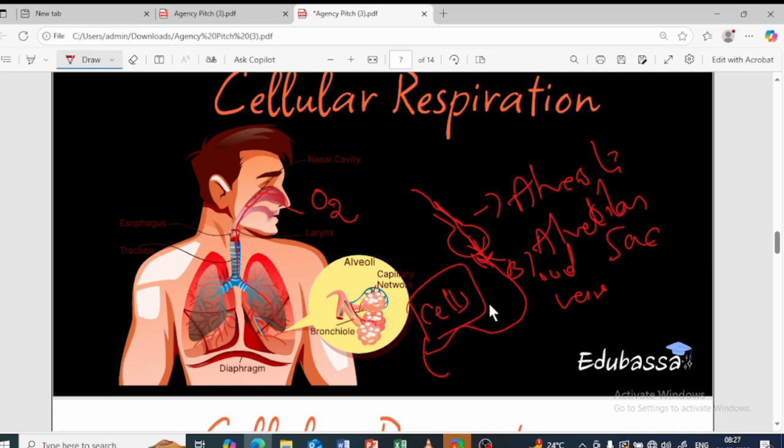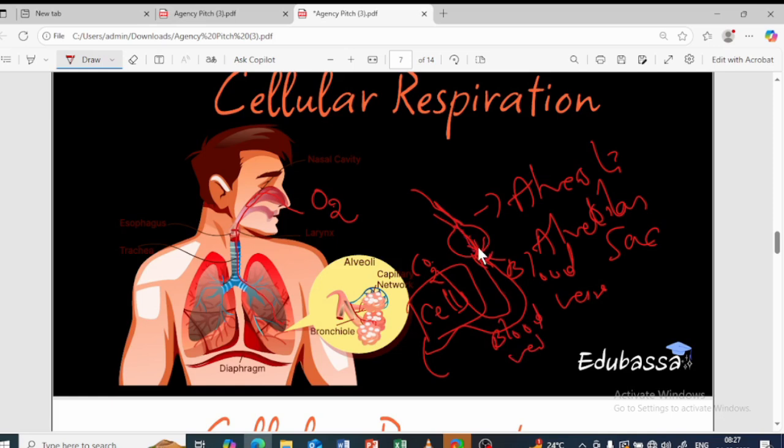Understood? There, food will already have reached by the digestion process. That food will be broken down with the help of this oxygen, and what is produced? Carbon dioxide, water and energy. This carbon dioxide must be removed from the body. Again this carbon dioxide goes where? To the surface of the alveolar sac, through the blood vessel. And then what happens?